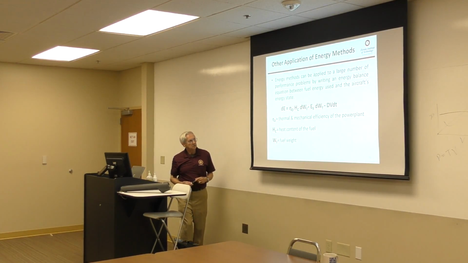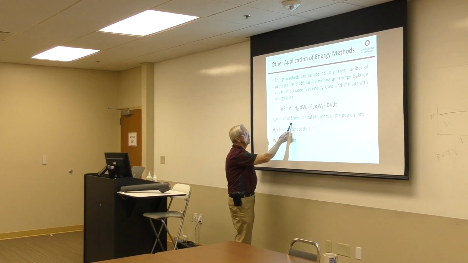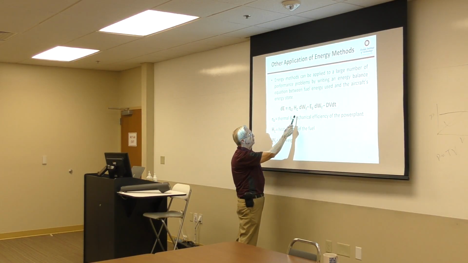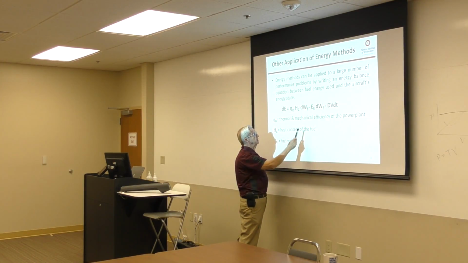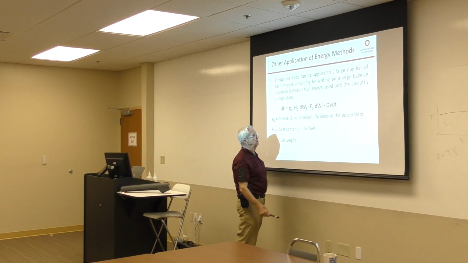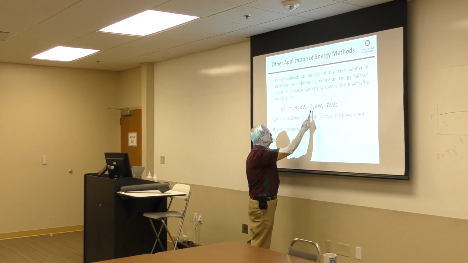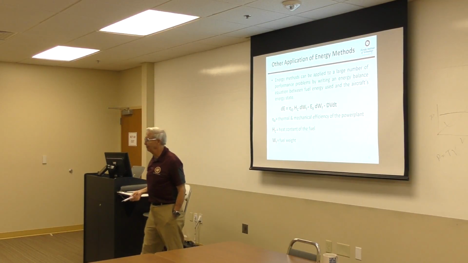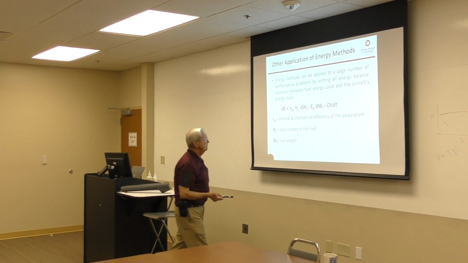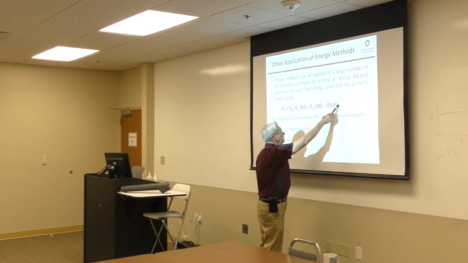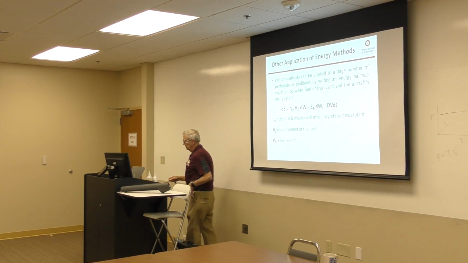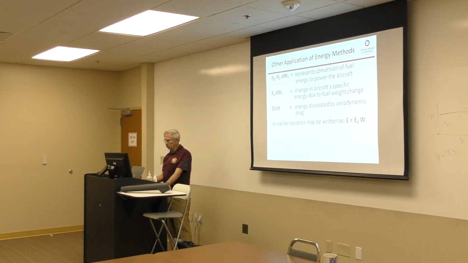This is the mechanical efficiency of a power plant. This is the heating content of the fuel. This is the fuel flow. Of course, the airplane weight is changing, so its energy state is changing as the reverse of the fuel flow. And this is the drag and its velocity as it changes with time. So we can use that equation for a whole number of things.